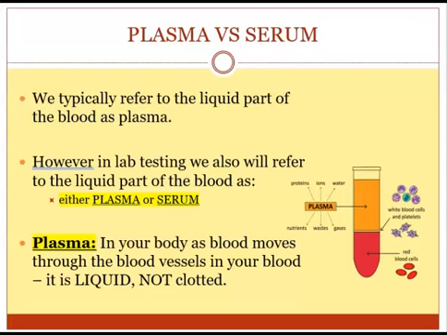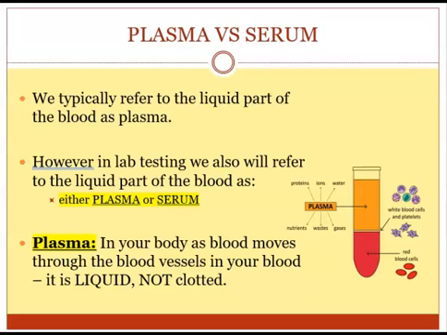However, in lab testing, we also refer to the liquid part of the blood as serum sometimes. And there's a particular situation that happens in the lab that causes it to be serum versus plasma. Plasma is when it's in your body and the blood is moving through the vessels and the liquid is not clotted.